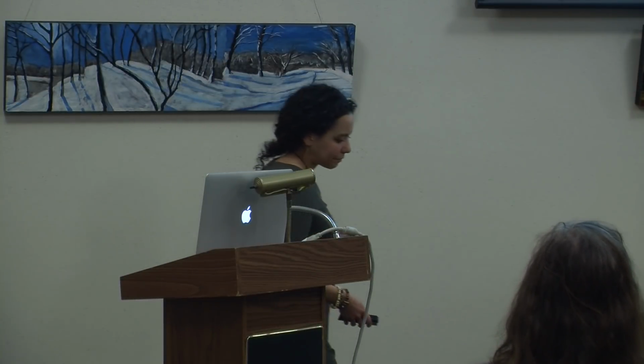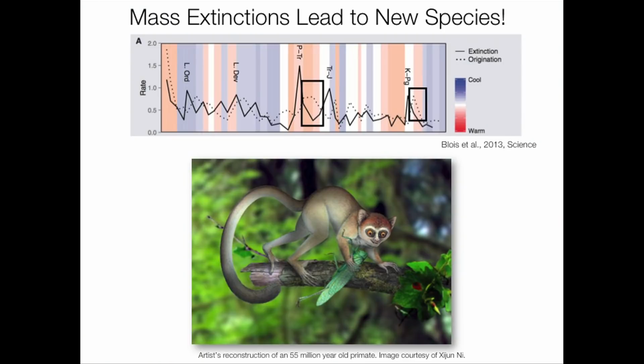So the other great thing about mass extinctions is that right after a mass extinction, you see a huge spike in origination. So this little dotted line here is origination rate. You can think of this as sort of like rising from the ashes. After every large extinction event, there's an opportunity for new organisms to evolve, to radiate, and to fill these new niches. And so every mass extinction is followed by this big renewal.